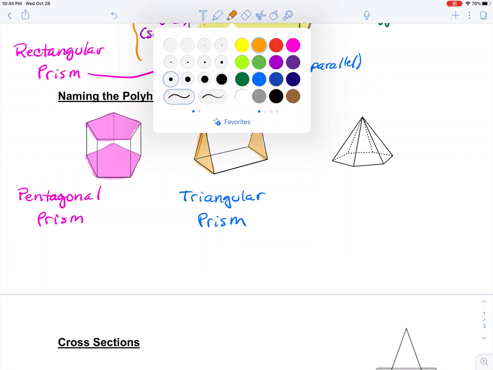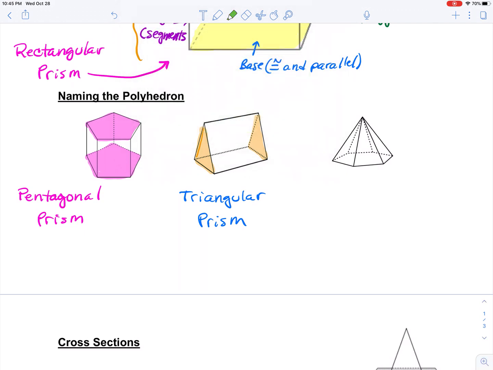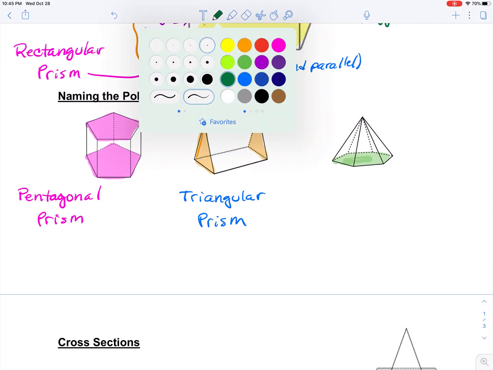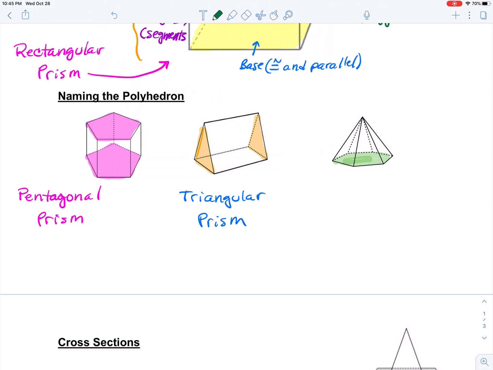And then the last one, it's a pyramid. The shape of the base is a hexagon, so I call it a hexagonal pyramid.